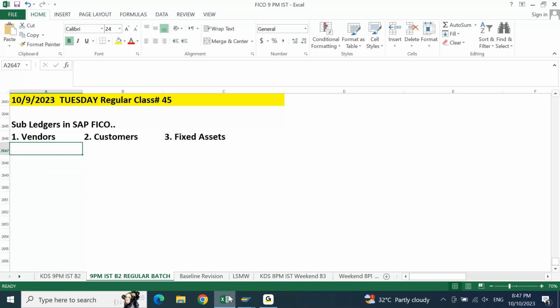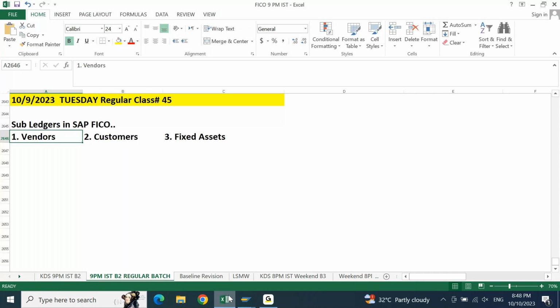When it comes to subledger accounting, one side will be the GL account, the other side will be the subledger account. When I say subledger account, we are talking about vendor, customer, fixed asset. Your entry can be recorded to a vendor account, a customer account, or a fixed asset account.